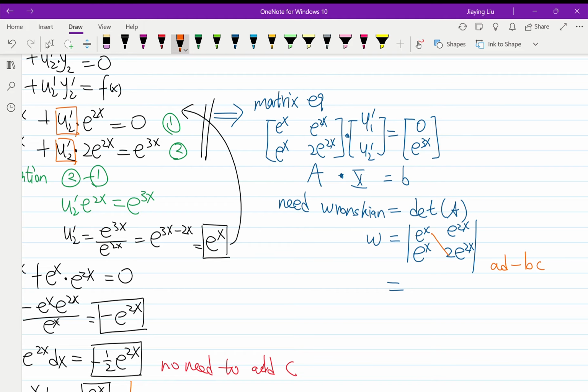So that's going to be e to the x times 2e to the 2x minus the other diagonal, e to the 2x times e to the x. It's always going to be a subtraction, but the result could be positive if we have a negative here.